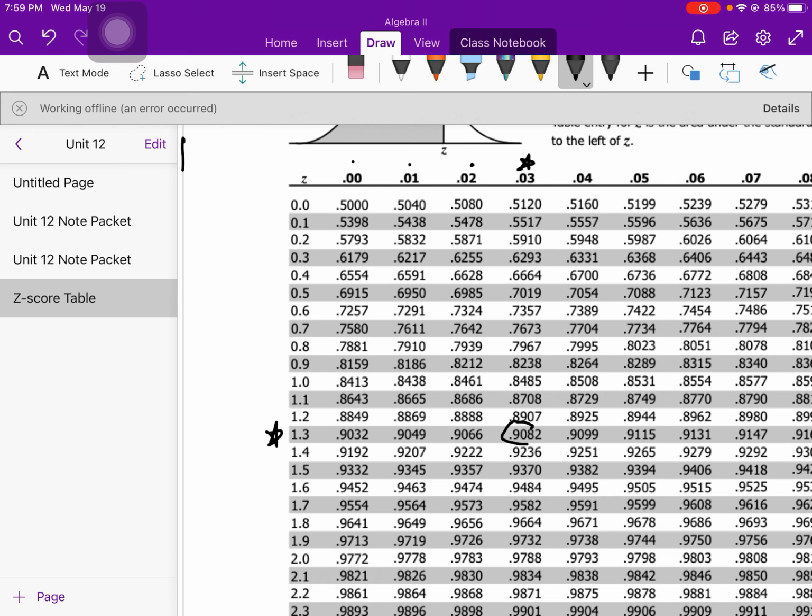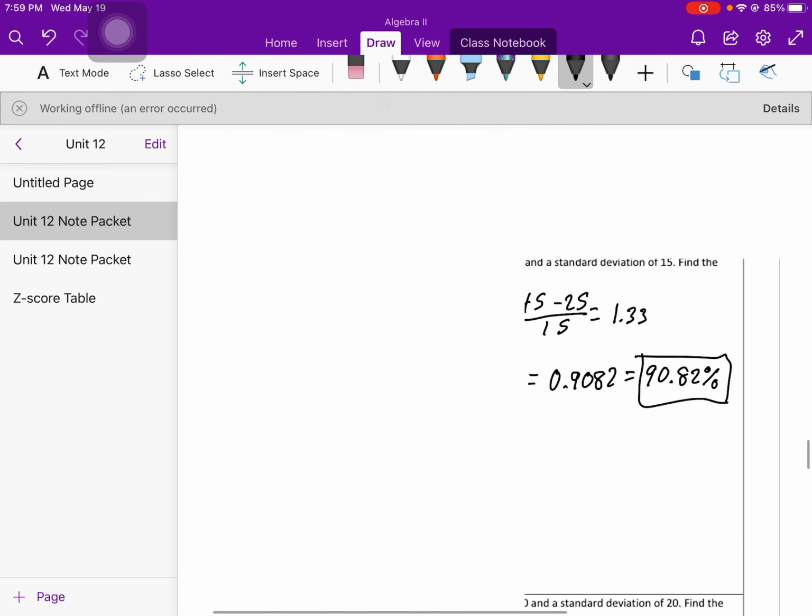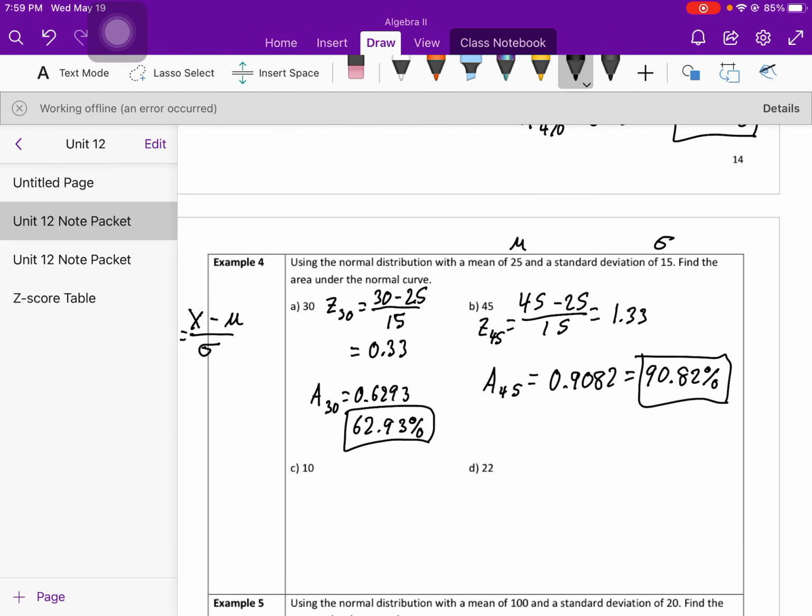And then we find 0.3 again, so we just find that this is our number right here, 0.9082, which is the same as 90.82%, because that's the area or the percentage taken up from that z-score.